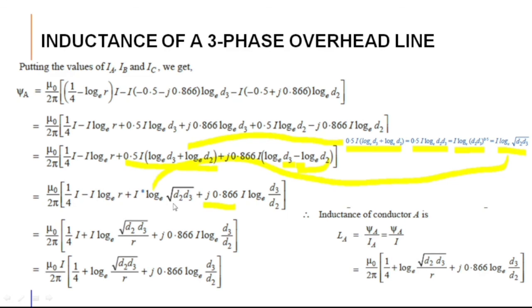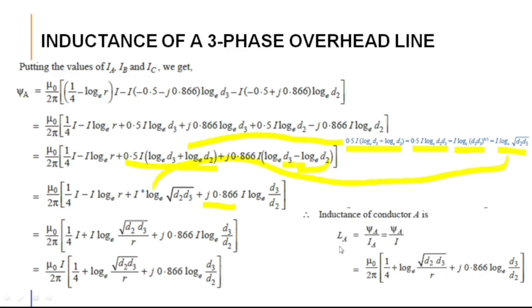That means this minus term is getting as root d2 d3 by r, plus the remaining term is j 0.866 I log d3 d2 base e. And finally, we are getting the expression for the psi a, mu naught I by 2 pi, 1 by 4 plus log e root d2 d3 by r plus j 0.866 log d3 d2 base e.